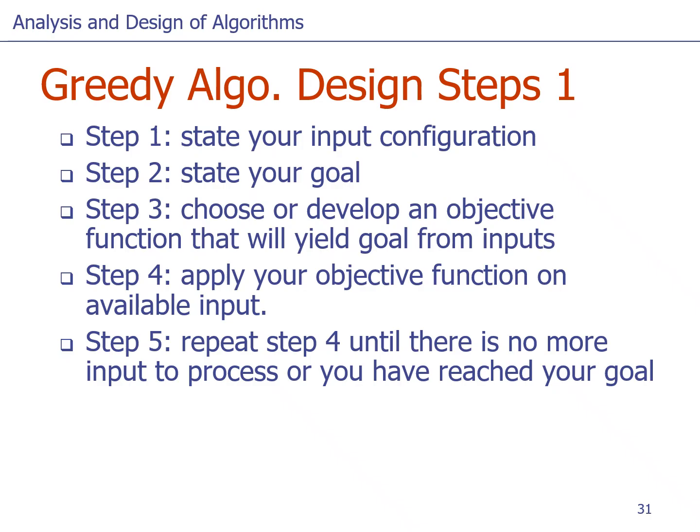Okay, now again, as a word of caution, if you cannot formulate it this way, you're not doing greedy. Okay, you're not doing greedy. So you have to have configurations, you have to have a goal, you have to have an objective function based on the goal you're trying to achieve. And when you apply an objective function, your data size should reduce. Okay, it should reduce by 1 or n or whatever, but it should reduce.